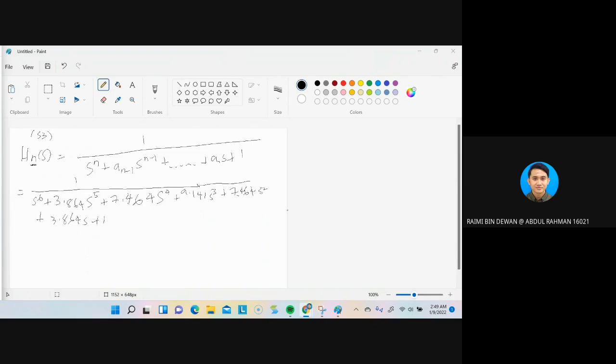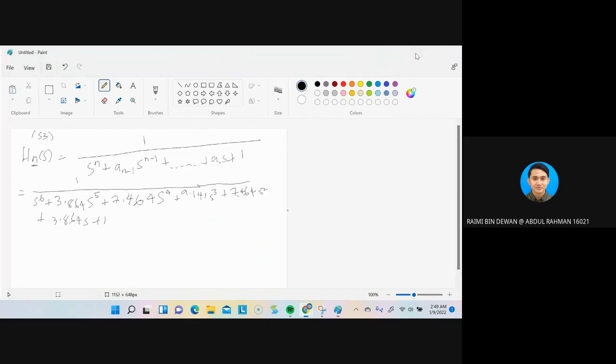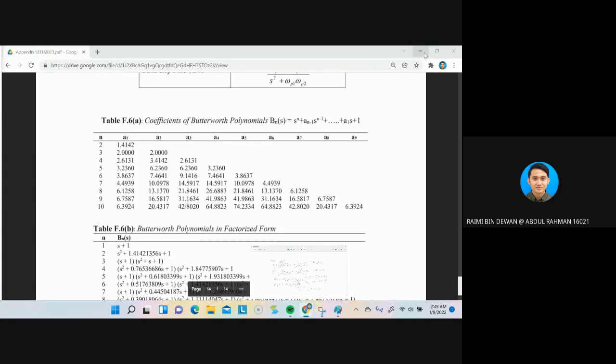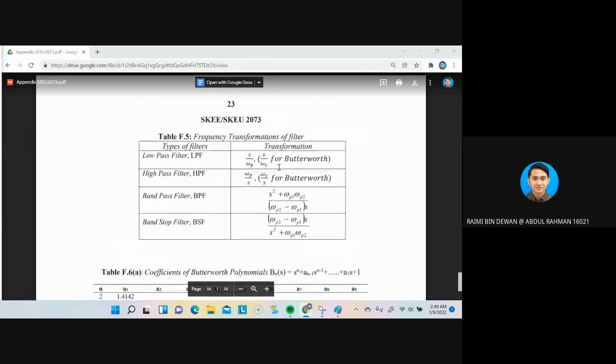Step 4, you need to find the filter transfer function. You need to denormalize them back. So referring to the appendix, what is the question just now?